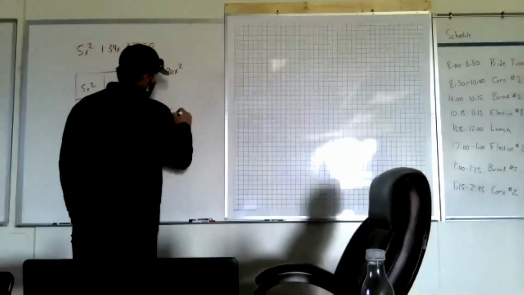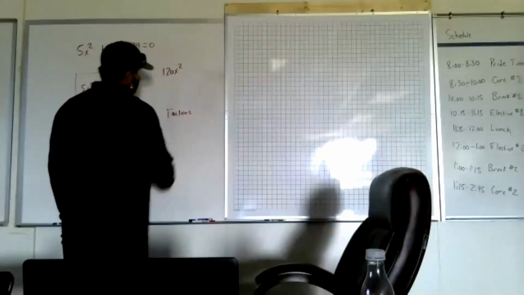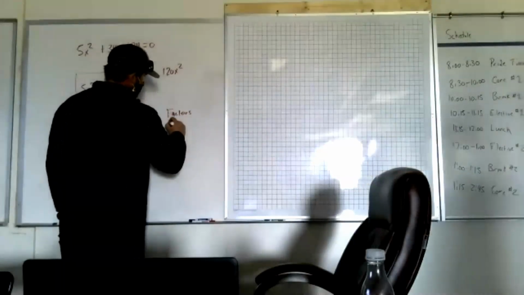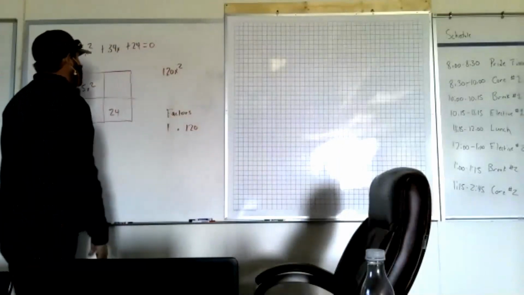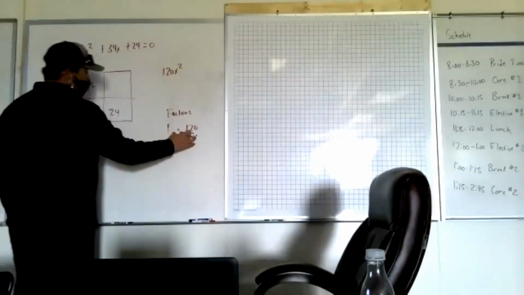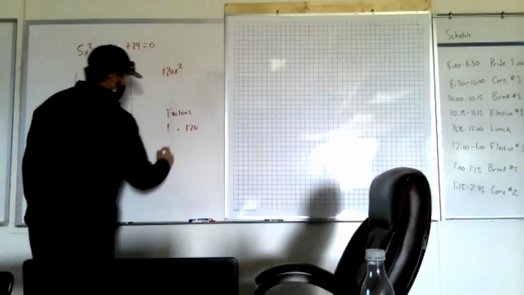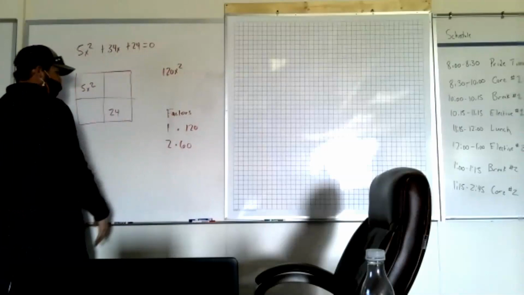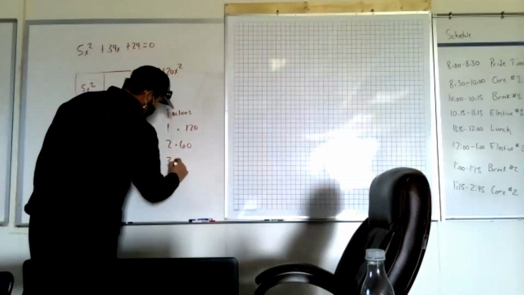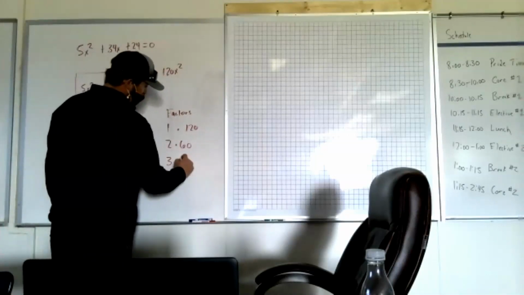The factors of 120. The first one is 1 times 120. Not even close to what we got to add to. It'll add up to 121 or 119. 2 and 60 add up to 62 or 58. That doesn't work. 3 and 40.